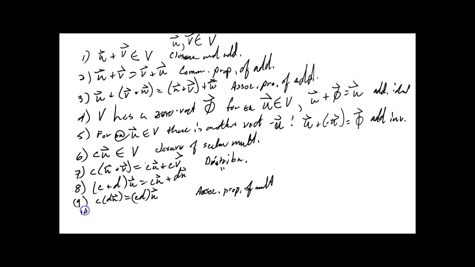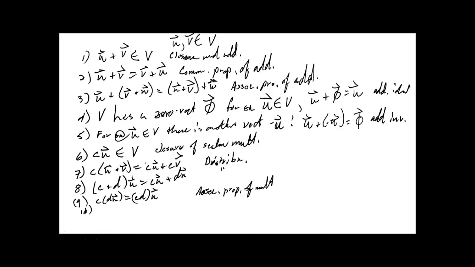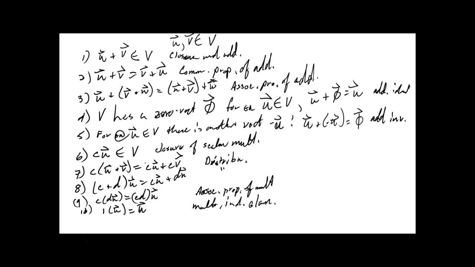And number 10 is this one: 1 times vector u is always going to be vector u. And that's the multiplicative identity element, or property.